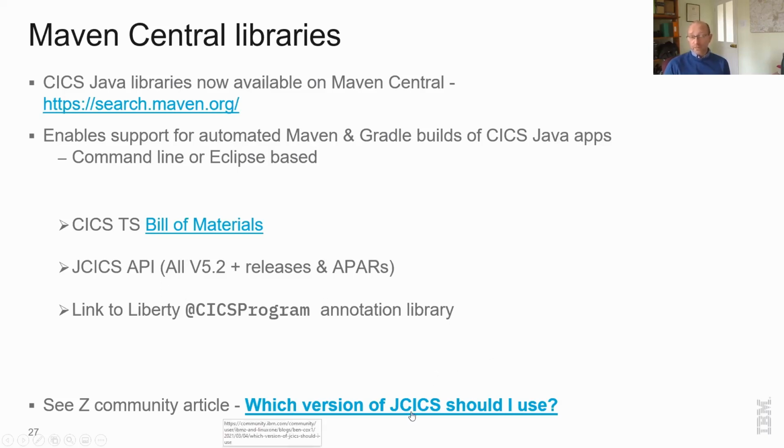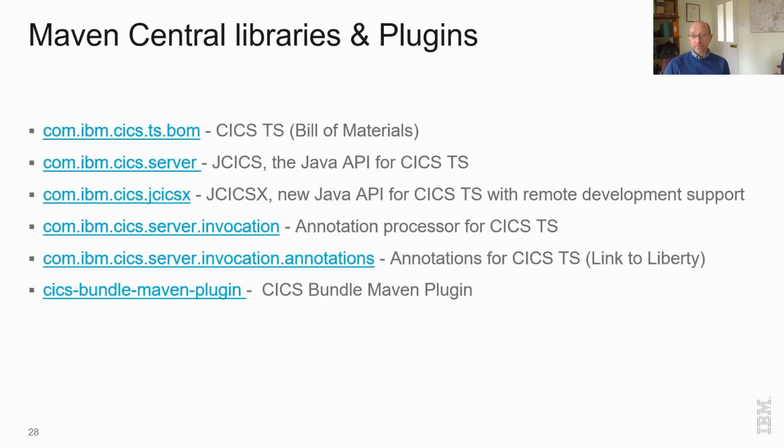We've got an article that explains the versioning of CICS in Maven Central if you want to look further into it. These are the different artifacts you would find belonging to CICS in Maven Central. As I say, we have the bill of materials, which is called the BOM.